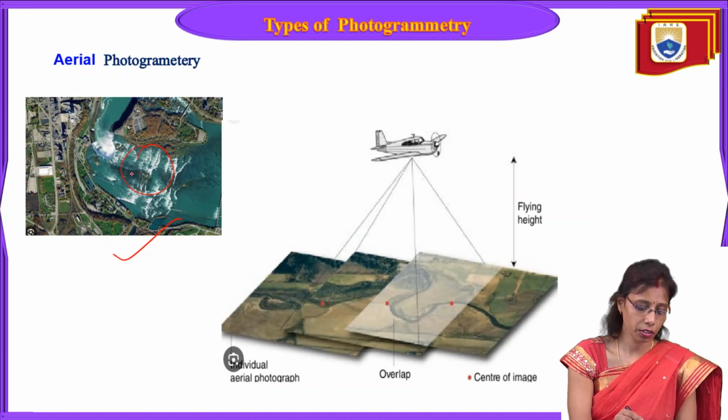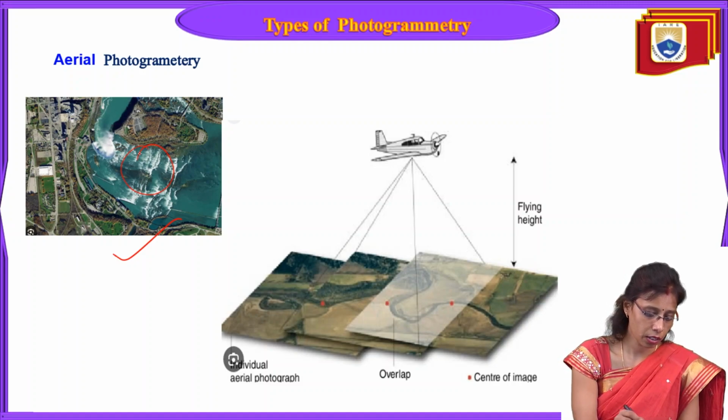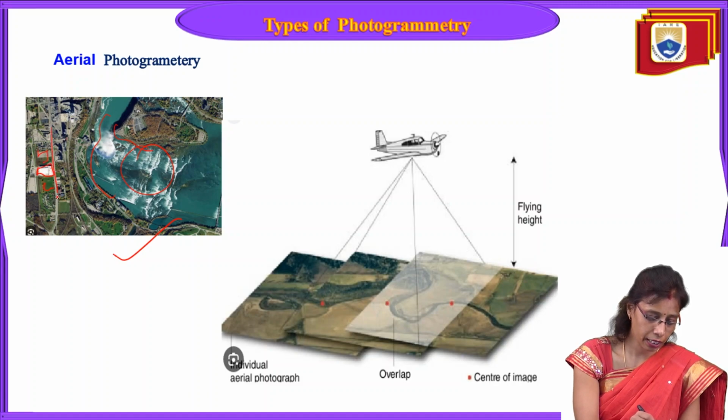We can see the clarity here. We can see a water body over here, greenery here, the buildings very clearly, and the road very clearly here, and this is also a road.